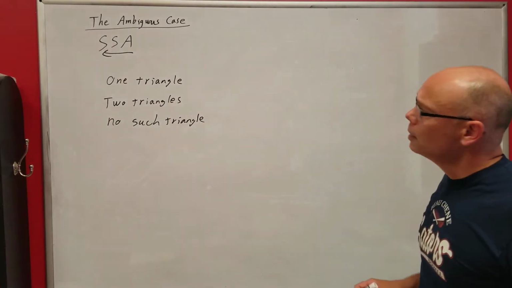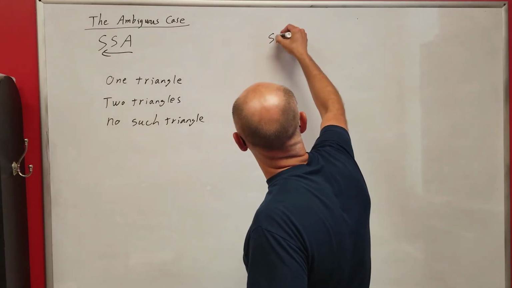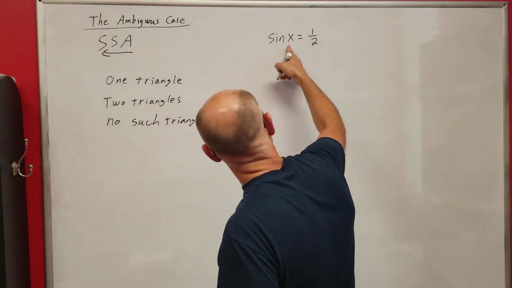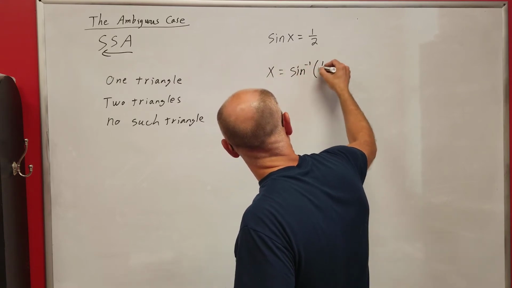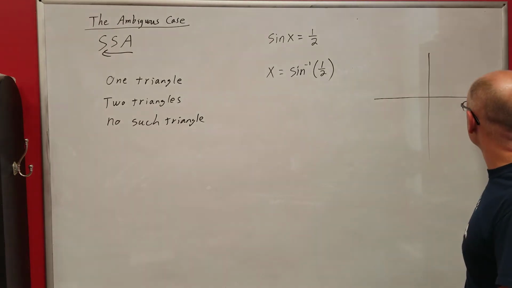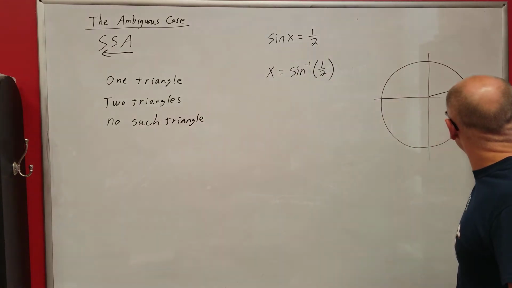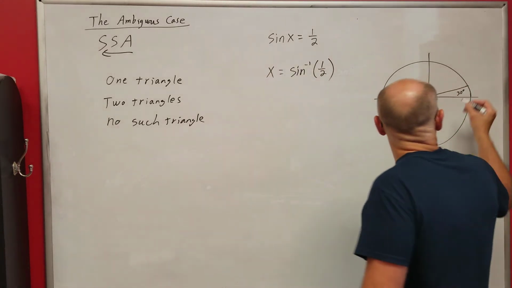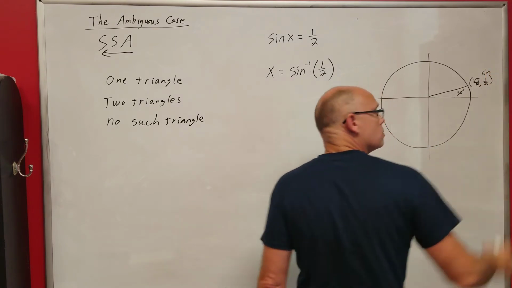All right, so before we get into an example with side angle, let's go back to whenever we're solving equations like sine of x is equal to 1/2, okay? And we had to solve for x. We could say x is the angle whose sine is 1/2, right? And when we thought about the unit circle, here's what we thought about. Where do I have an angle whose sine is 1/2? Well, I have that here at pi over 6, or 30 degrees, right? Because this is the point square root of 3 over 2 comma 1/2, and my sine is 1/2.